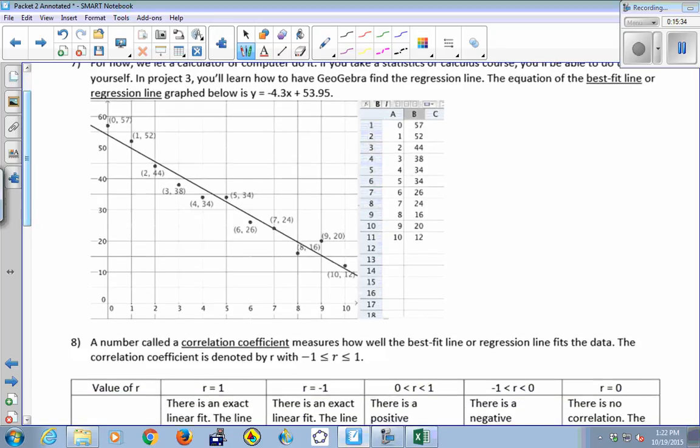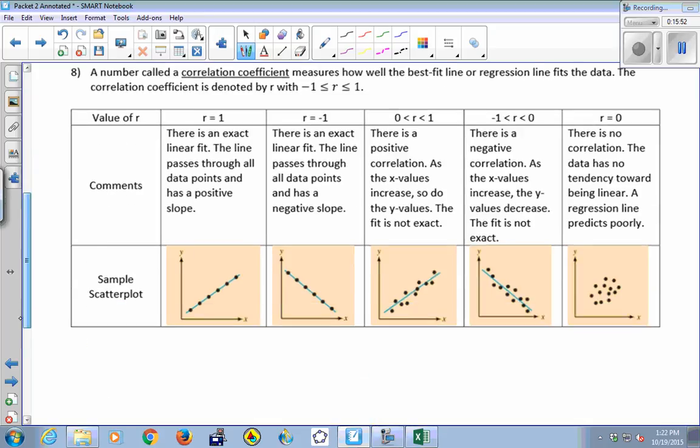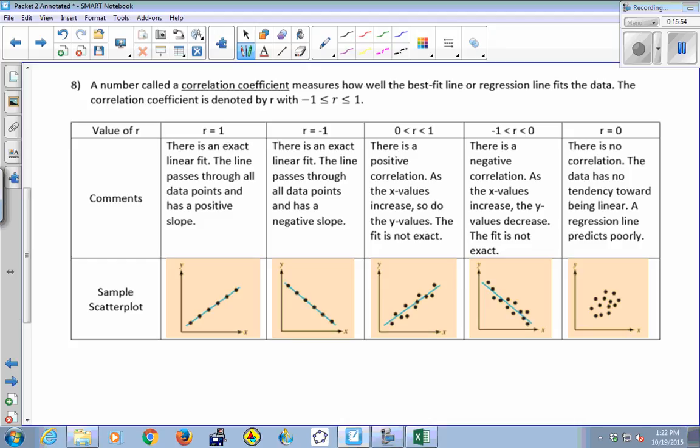It's not exactly the line we found before, because we just found exactly the line through 244 and 1012, right? Which turned out not to be the most representative line for all the data. So your calculator or computer will come up with a number called a correlation coefficient. It measures how well the best fit line or the regression line fits the data.